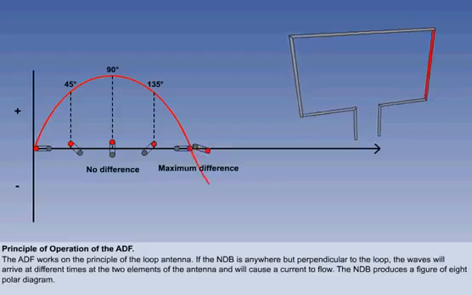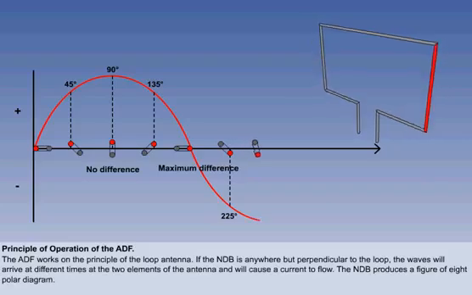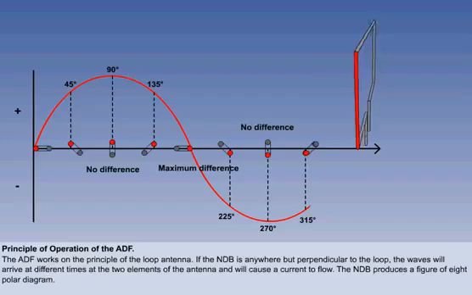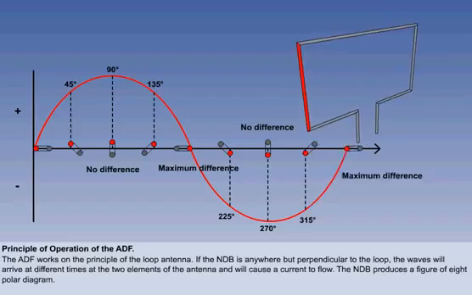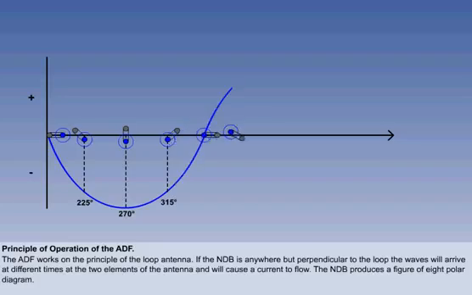It then turns through the negative side of the sine wave from 180 to 360 degrees. At the same time, the other, blue element of the antenna is following the opposite pattern. It is 180 degrees out of phase.